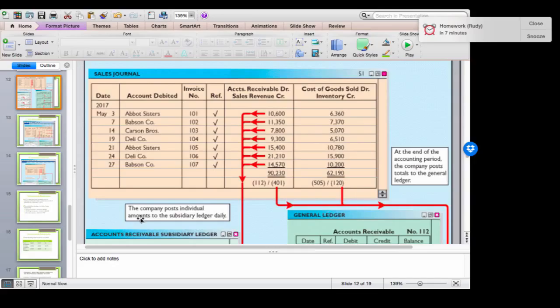Okay? So think that you are selling, going back to the same example, supplies, and you sold $10,600 worth of supplies to Abbott Sisters. This is where you would record it.